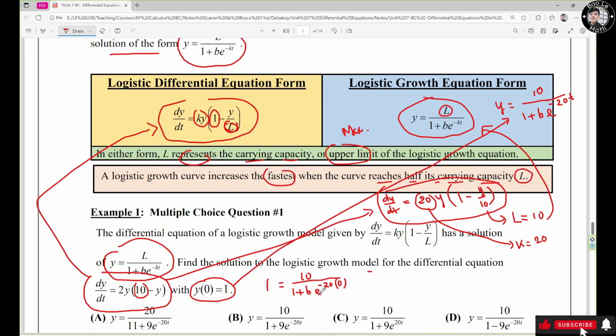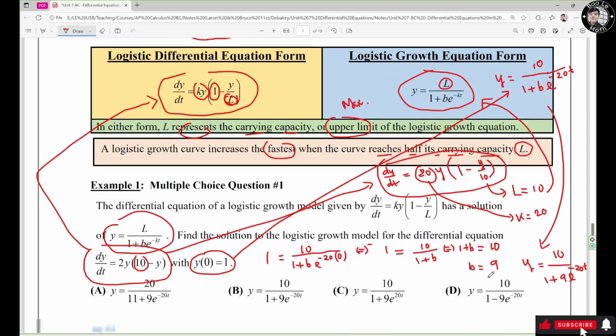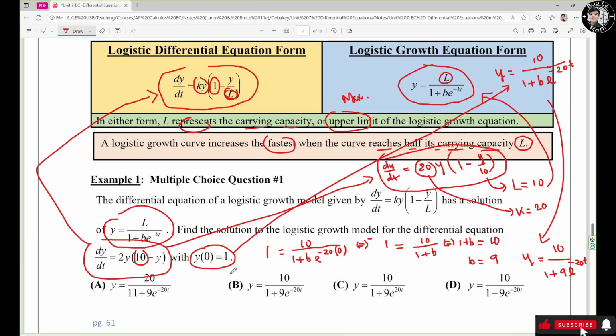This e raised to the 0 becomes 1, so 1 equals 10 over 1 plus b. Then 1 plus b equals 10 and b equals 9. So finally you have the answer: y equals 10 over 1 plus 9 times e raised to the negative 20t. So the answer must be B.